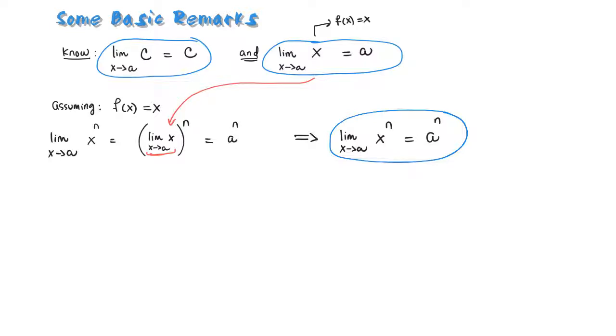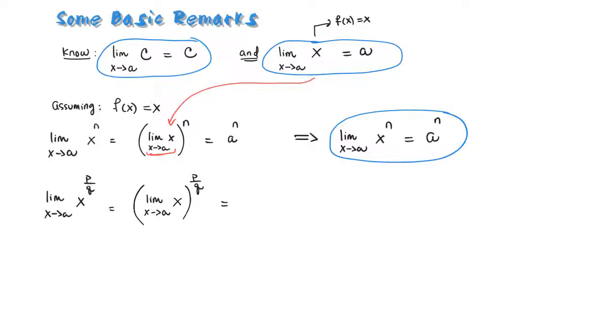Similarly, nobody says that the exponent has to be a natural number. What if the exponent is a rational number, something in the form p over q? If this is the case, then if I have to find that limit, again, I think that the last property said that I can bring the limit and apply it to the inner function. So this will be equal to the limit as x approaches a of x, and then the exponent is kept outside.